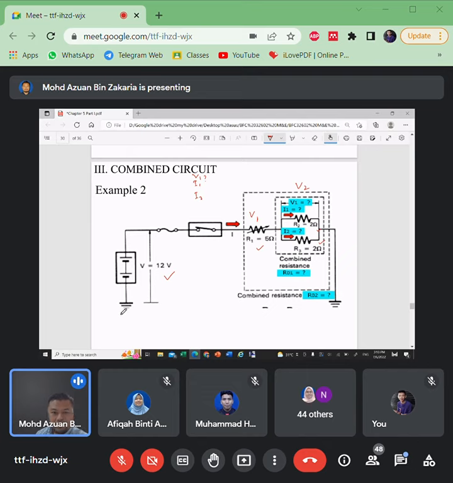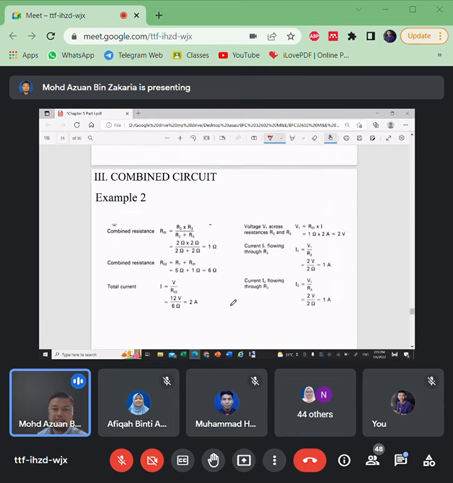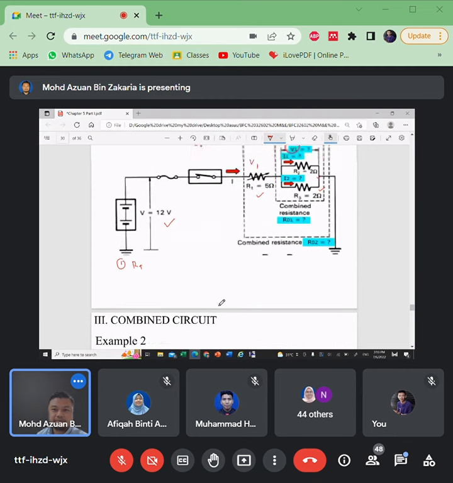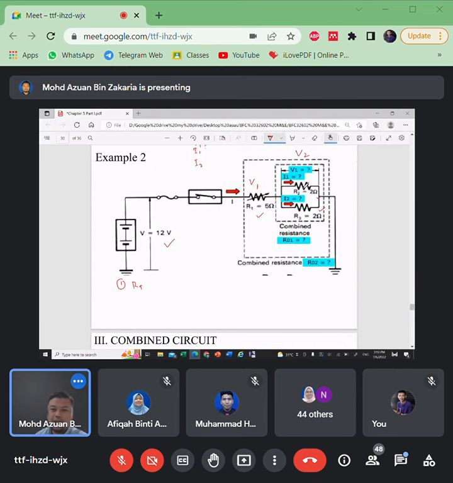All right. First step, as usual, calculate R total. We try to solve R total first. R total is R series plus R parallel.